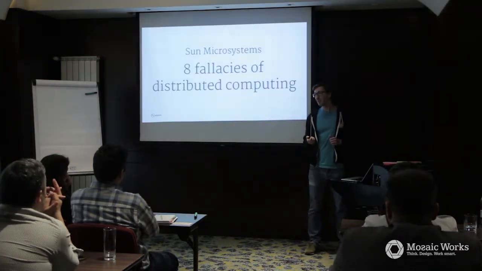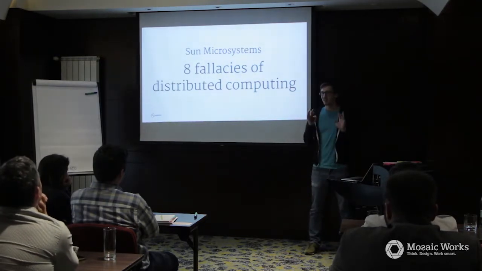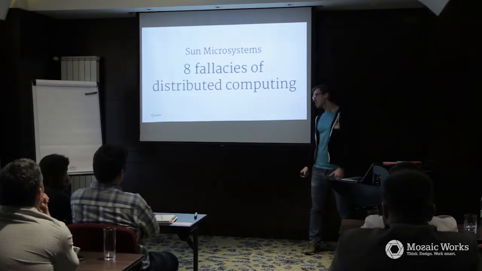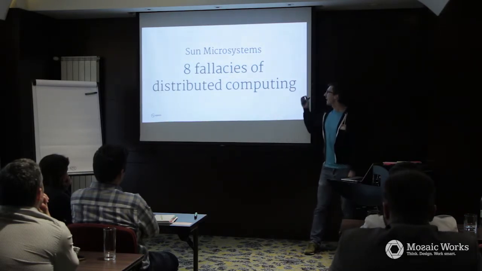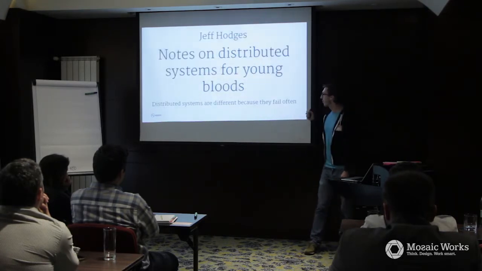Common problems are, I guess everybody is familiar with those. If you have a distributed system, there are certain things that are hard in distributed systems, like latency and failures. Good old Sun Microsystems wrote down in the beginning 7 fallacies, then an 8th one was added. The new version of that comes from Twitter.